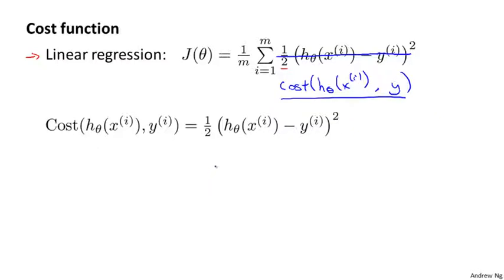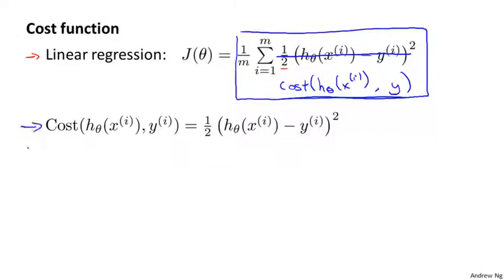So now we can see more clearly that the cost function is 1 over m times the sum over my training set of this cost term here. And to simplify this equation a little bit more, it's going to be convenient to get rid of those superscripts. So just define cost of h of x, comma y to be equal to 1/2 of this squared error.